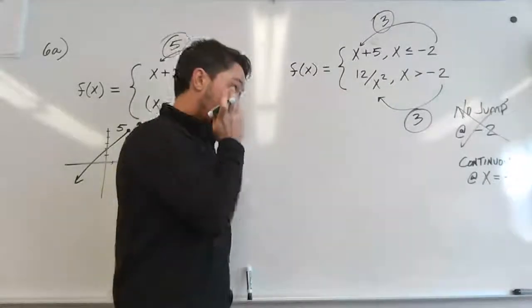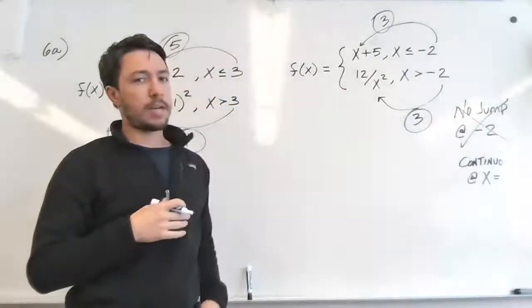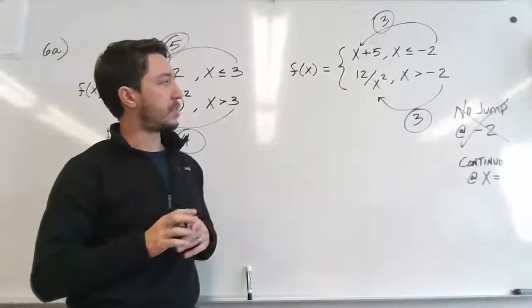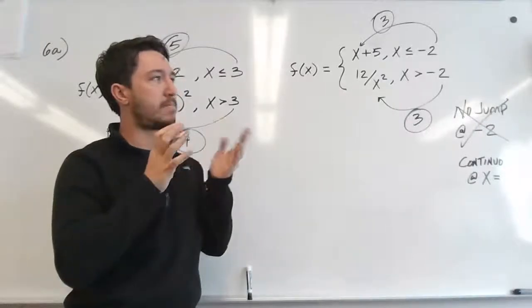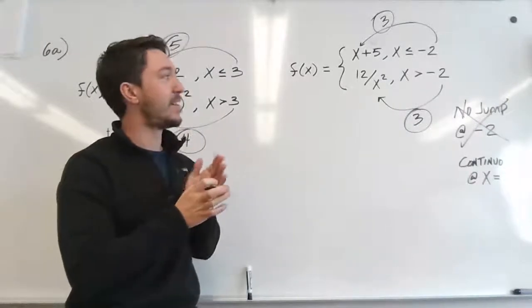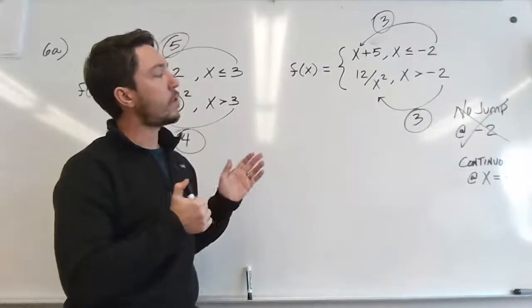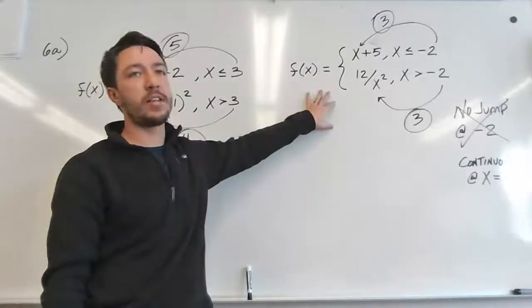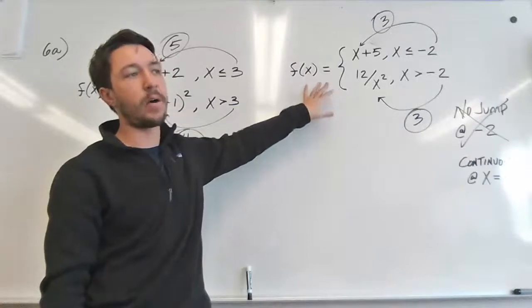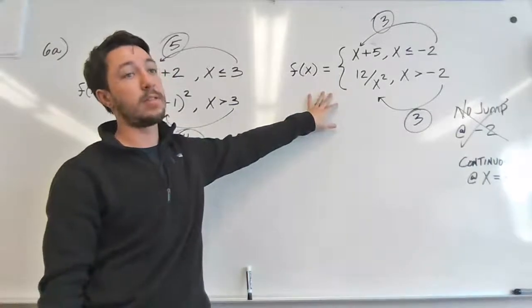Now, this is a kind of nuanced question. I want to see if anyone can give me a very good answer. Does this function have a vertical asymptote and why? Yes.